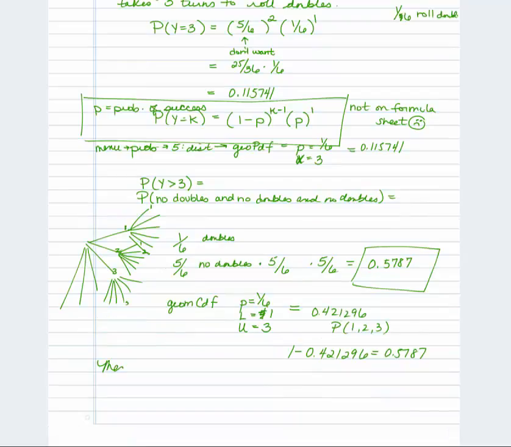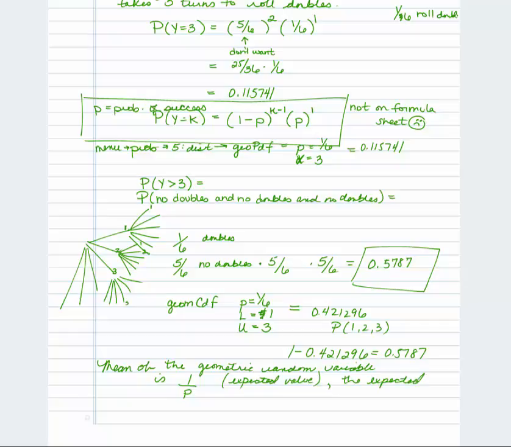Last but not least, the mean of a geometric random variable is 1 over P. And this is also your expected value, like we talked about before.